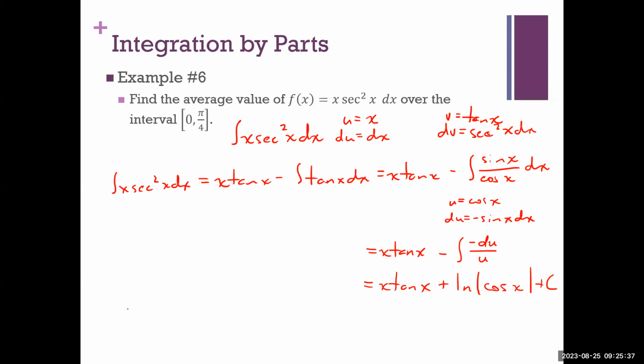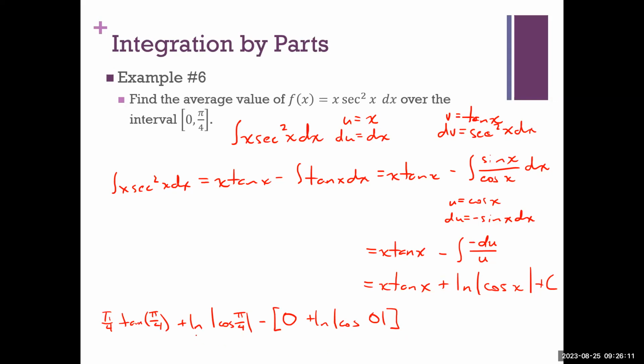Evaluate it. Okay, so pi over 4 times the tangent of pi over 4, plus the natural log of the absolute value of cosine of pi over 4, minus whatever happens when you plug in 0. 0 times tangent 0 is 0, plus natural log of cosine of 0.